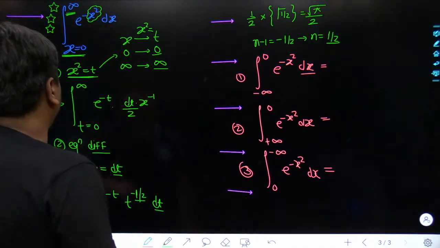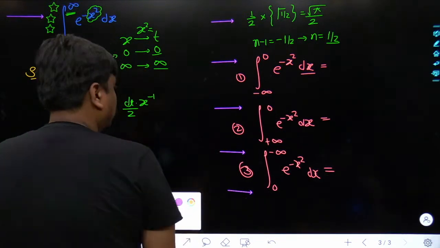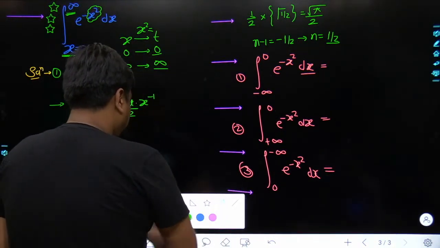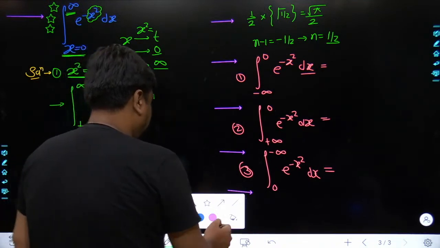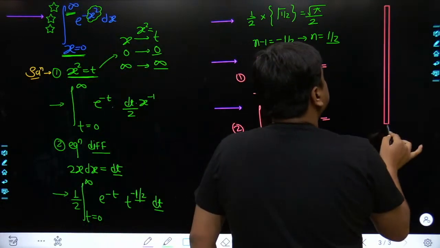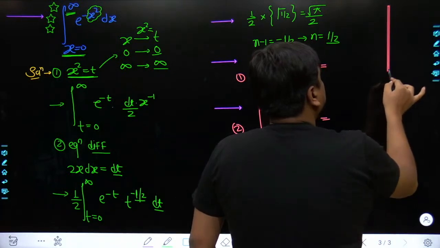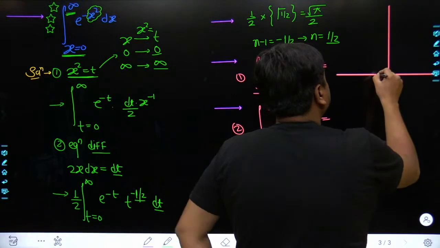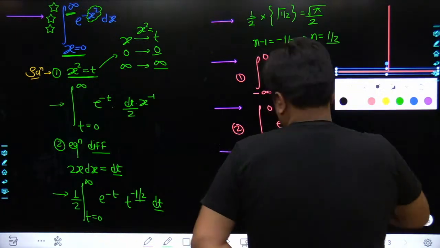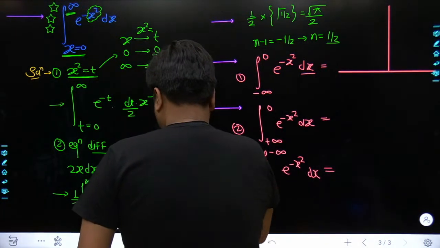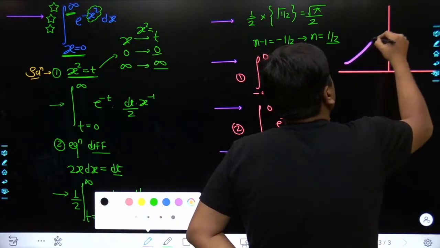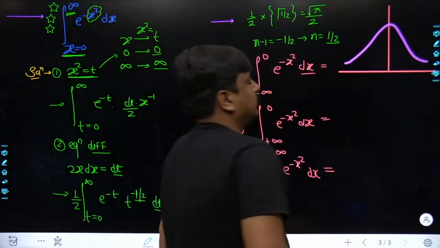Try to understand how the curve e to the power of minus x square looks like. The students who have been following me since the beginning must be able to appreciate it very well. It would be a bell shape, like this.